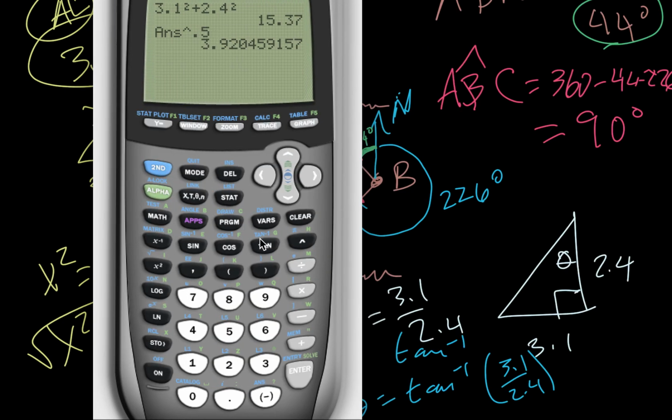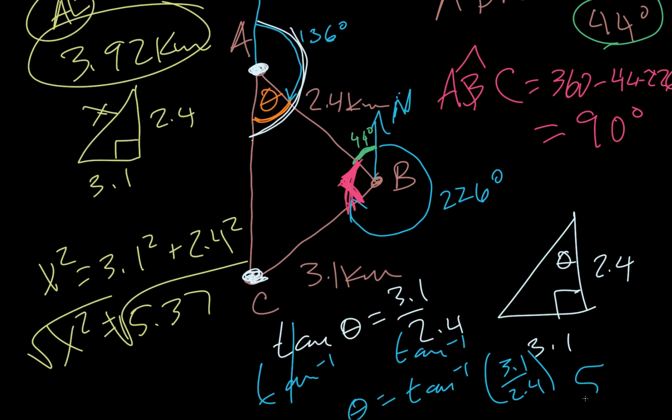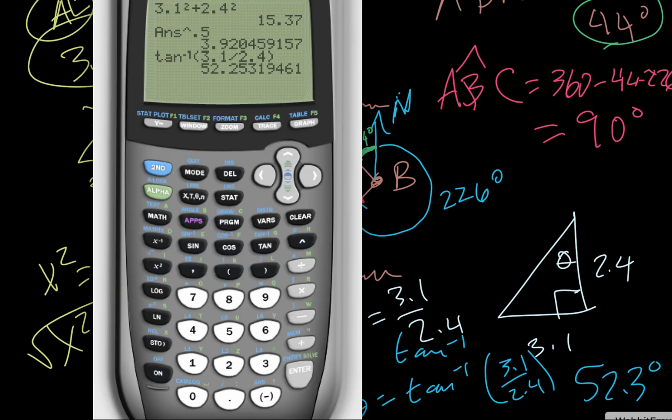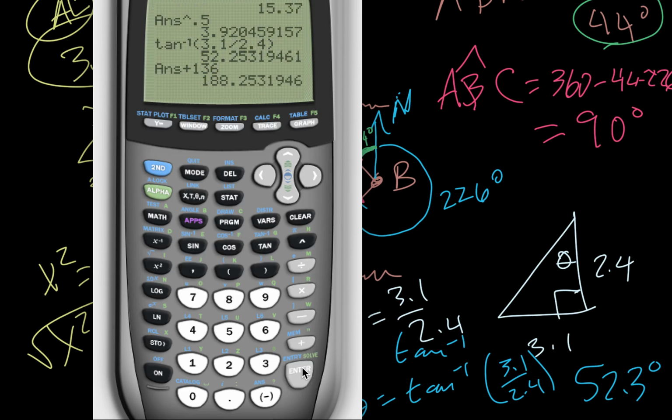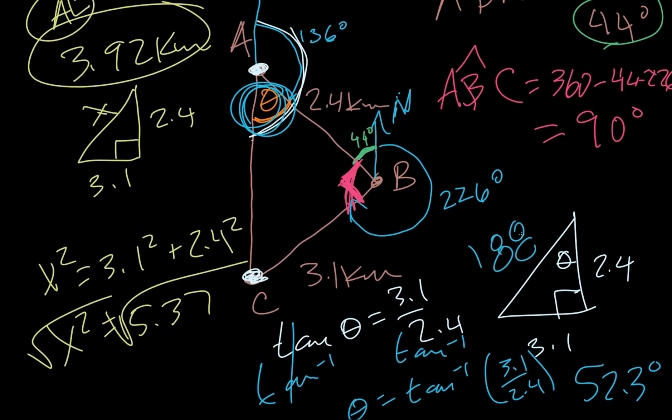So we say second tangent 3.1 divided by 2.4, and that's 52.3. Now remember, that's just this piece, so we also need to add 136 to that. And that's 188.25, but it's just 188 because a bearing only uses 3 digits.